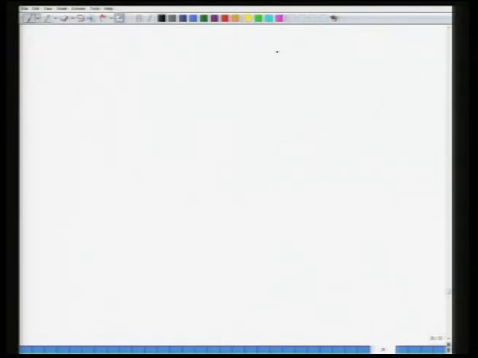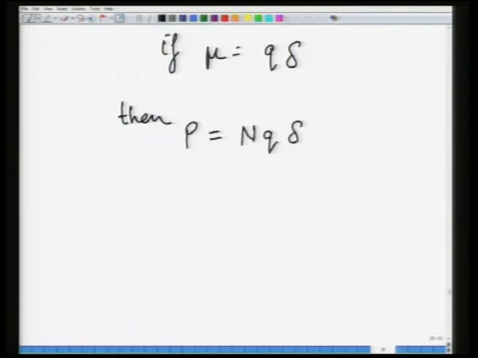And if mu was equal to q delta, then P becomes equal to n q delta. This is the simple equation that we get when we use the previous knowledge.